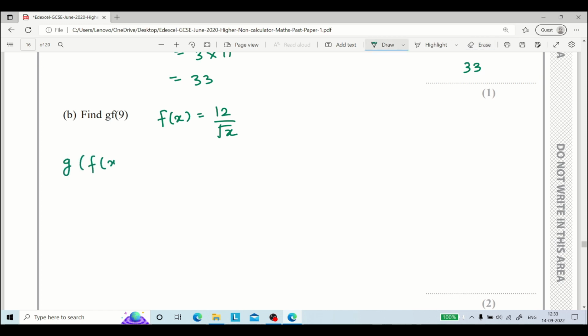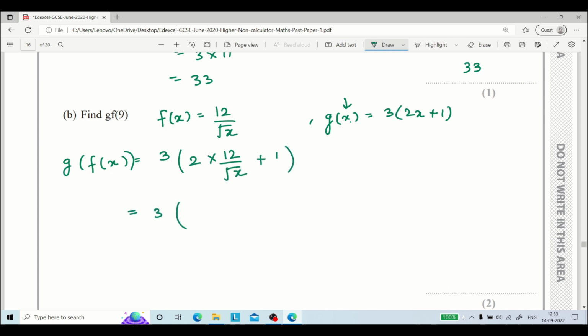g of f of x is equal to 3. What do we have for g of x? 3 into 2x plus 1. So instead of x, we have f of x. So you'll write, instead of x, 12 over root x, plus 1. Now we just need to find this value out. So g of f of 9 is 3 into 2 into 12 over root 9, plus 1.